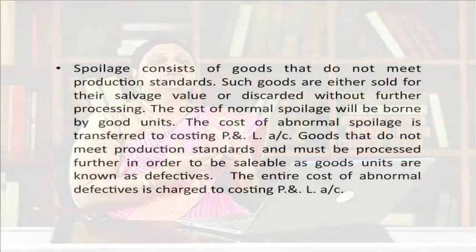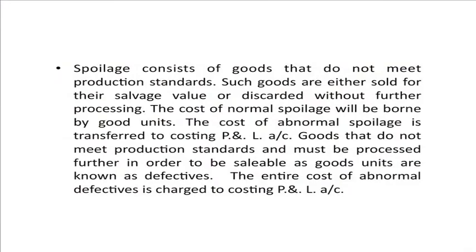So, under the entire costing system, the loss is divided into two segments, normal and abnormal. Normal loss cost would be borne by the good units and cost per unit will be inflated. Abnormal loss will be transferred to the costing P&L. We have analyzed these important concepts because they are used overall in costing systems.